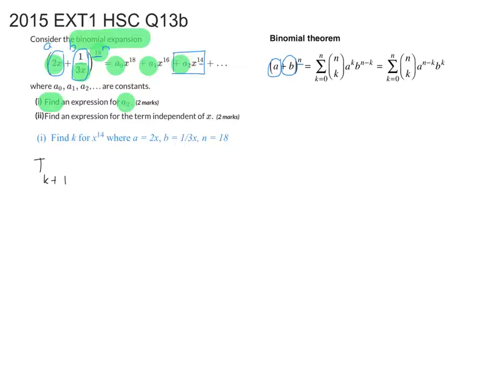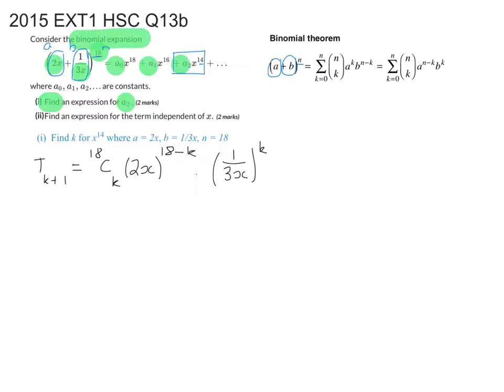using the formula where our combination is 18 choose k, multiplied with 2x to the power of 18 minus k times 1 on 3x to the power of k.